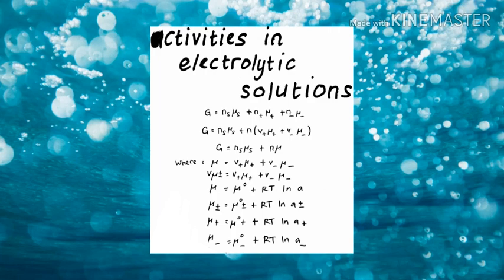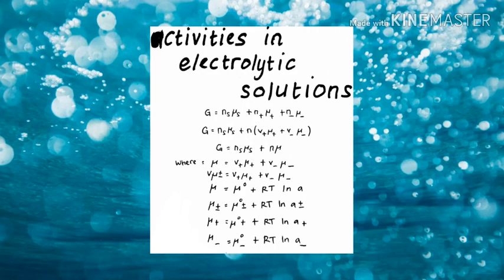To simplify the notation as much as possible, a subscript s will be used for the properties of the solvent; symbols without subscript refer to the solute; subscripts positive and negative refer to the properties of the positive and negative ions. Consider a solution of an electrolyte that is completely dissociated into ions.